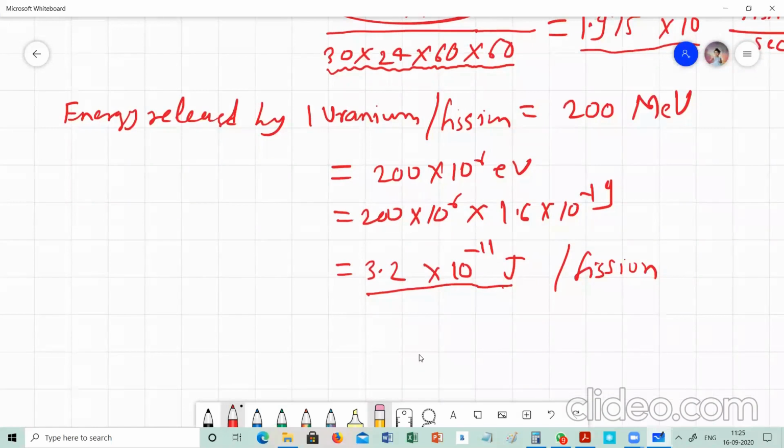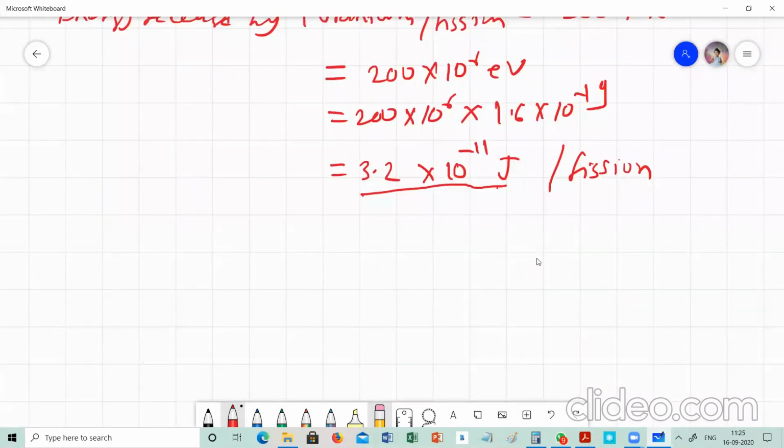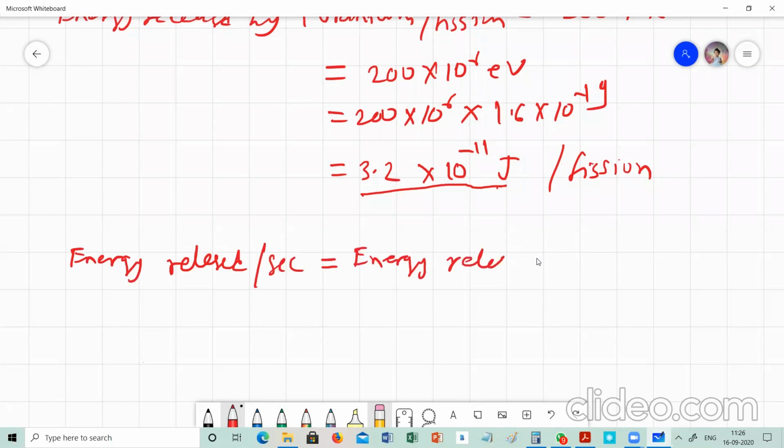Okay, so the energy released per second will be equal to the energy released by one uranium atom in a fission, into the fission rate.